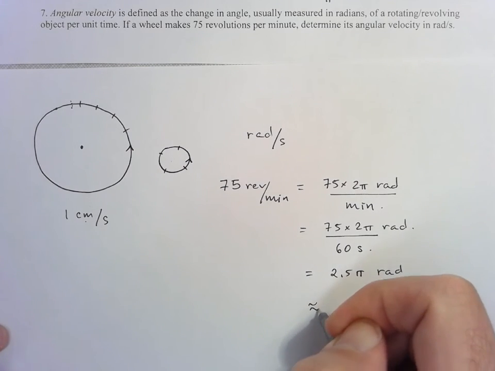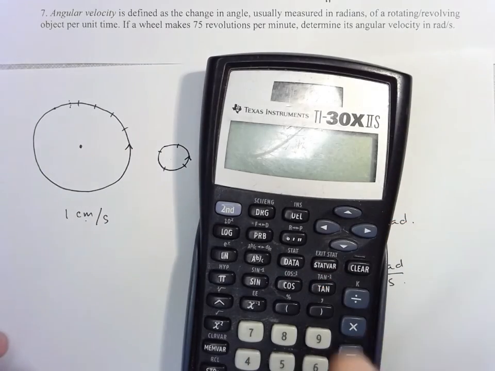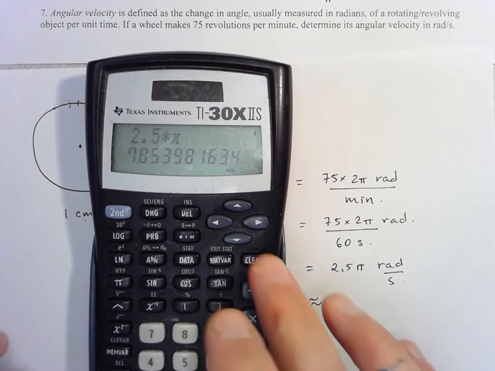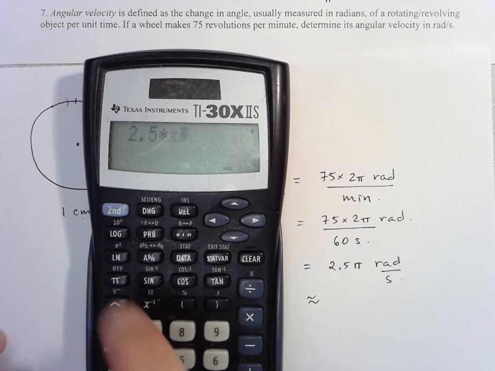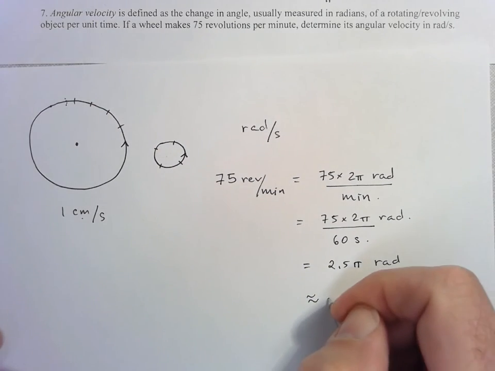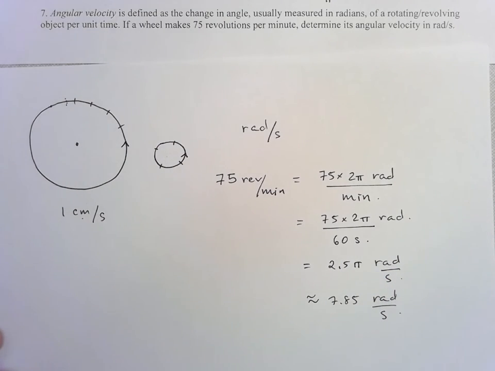And of course, since this is a problem with a context, we can also look for an approximated answer. 2.5 times pi is 7.85. So that's about 7.85 radians per second.